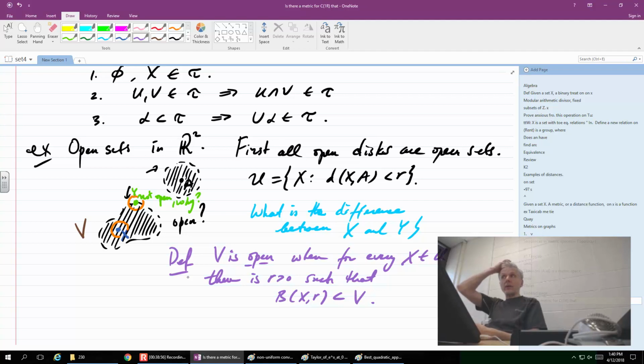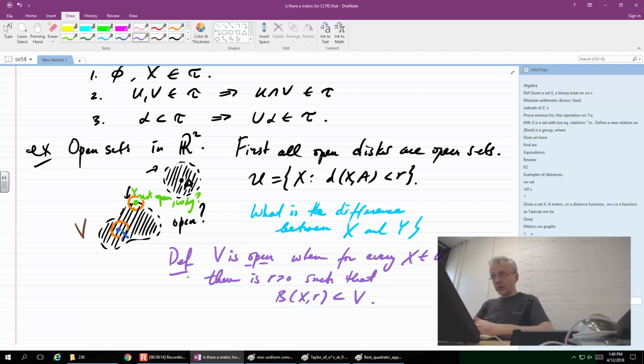And that's the idea of open sets. They do come up a little bit in Calculus 3 for certain things, but not a lot.